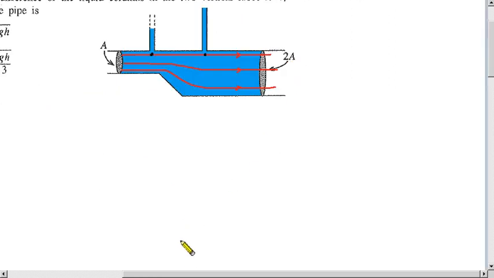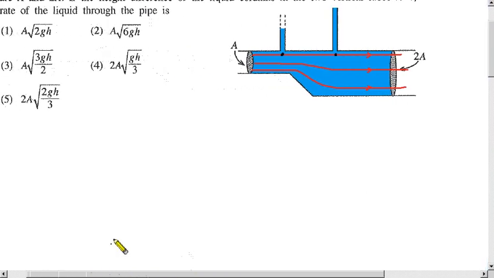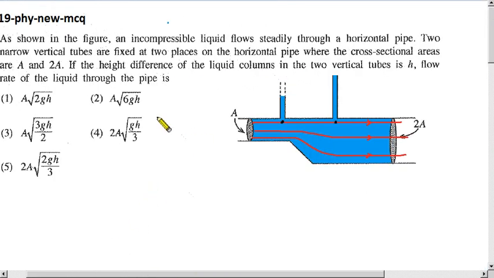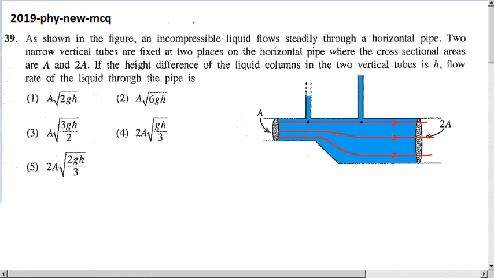So first of all, let's identify clearly what they want us to find out. Flow rate of the liquid through the pipe. Flow rate, not the velocity, not the speed. What they want us to find is flow rate. So suppose the velocity here is v2, the output velocity is v2.